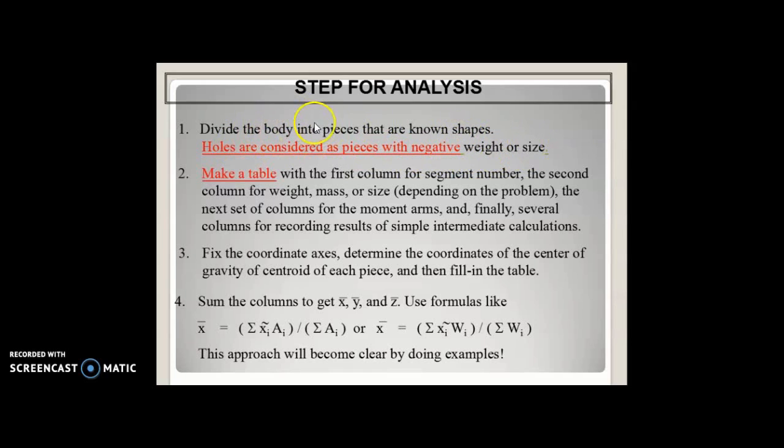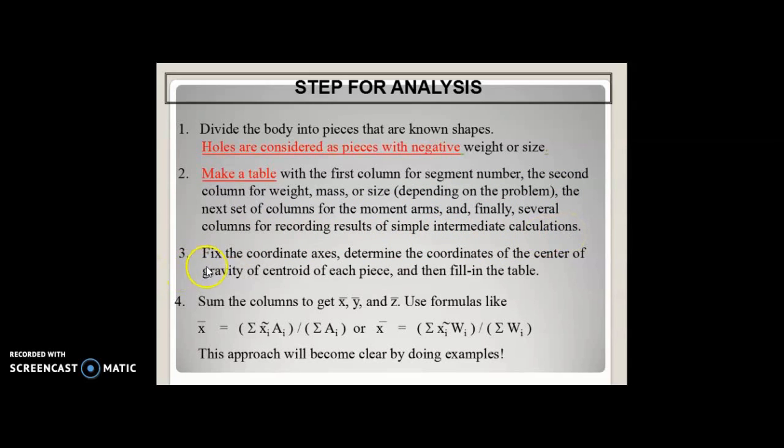The visible body is positive and the hole is negative. Please remember that. The second one is to make a table with the first column for segment number, the second column for weight, mass or size depending on the problem, the next set of columns for the moment arms, and finally several columns for recording the results of simple intermediate calculations.